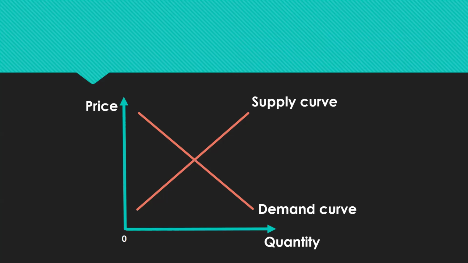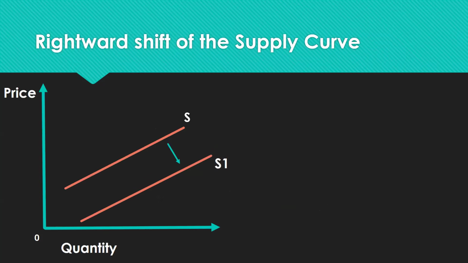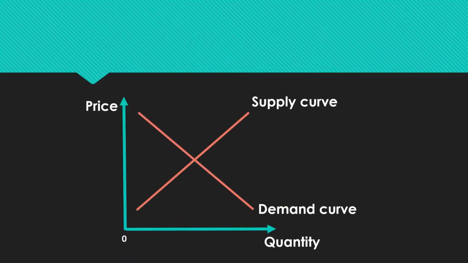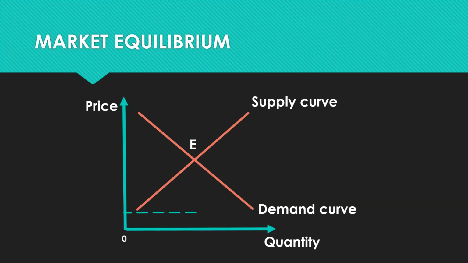Please, when we're talking about shifts in the demand curve and shifts in the supply curve, do not mention price. Price does not cause shifts in the demand curve or shifts in the supply curve. What do they cause, Shaniqua?